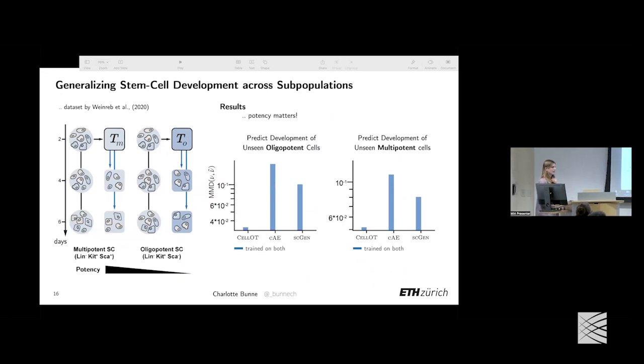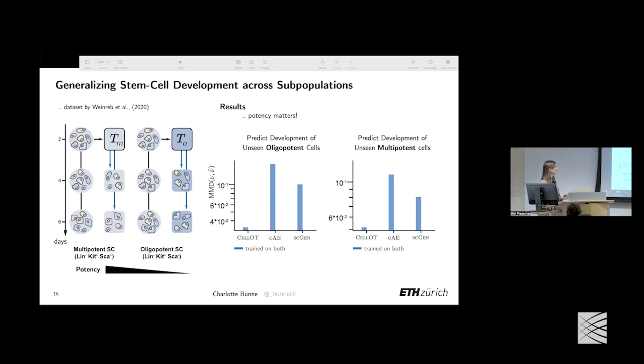We also ran some experiments on a developmental trajectory, a data set by Weinreb et al., where we have observations after day 2, 4, and 6. And we have two different subpopulations, one being multipotent and one being oligopotent cells. So we have cells of higher and lower potency. The question we ask is, okay, if you train on both, this is nice, but can we generalize?